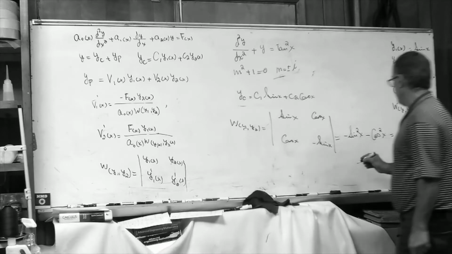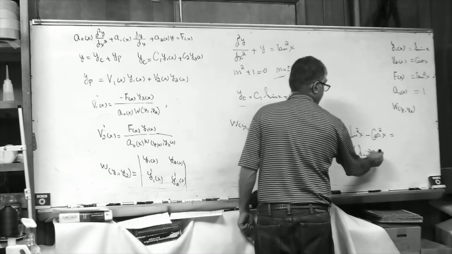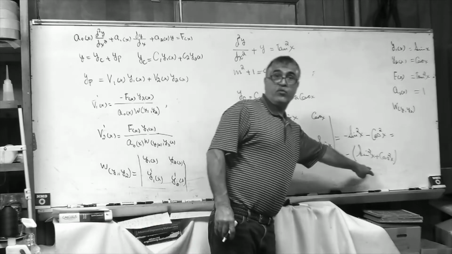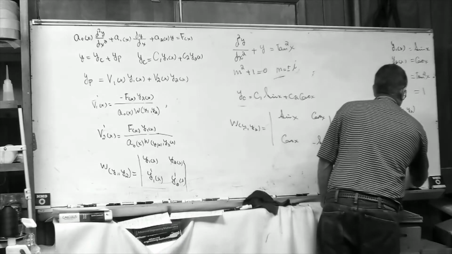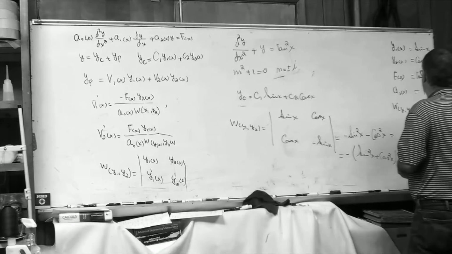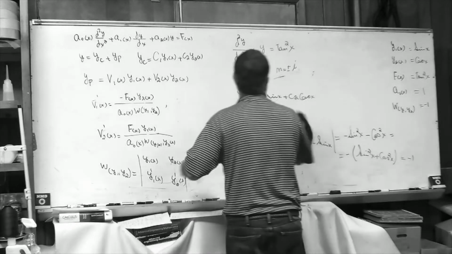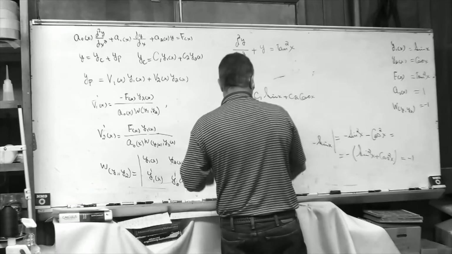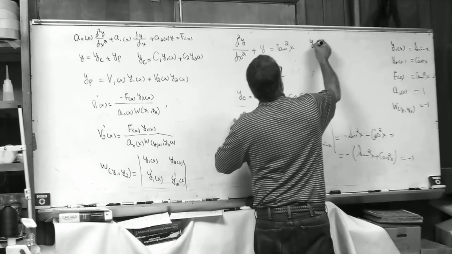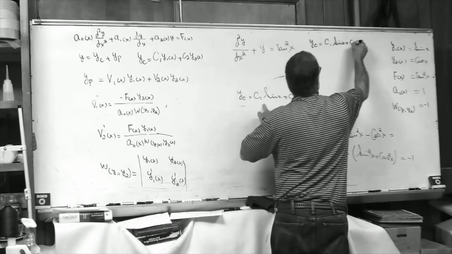So this is equal to minus sine square of x plus cosine square of x, which is equal to 1. So W(y1, y2) is equal to minus 1. So let me write down the yc here. yc is c1 sine of x plus c2 cosine of x.